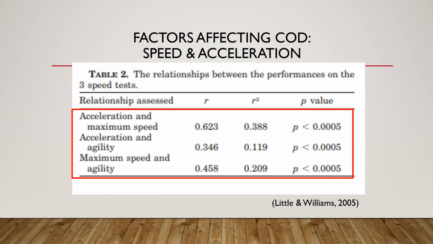Whilst there are other factors related to an individual's ability to change direction, acceleration and maximal speed can still play a role. So the quicker you accelerate, the quicker your maximal speed does still enable you then to have an increased change of direction. So this will be something we'll explore a little bit more when we look at some of the training considerations for developing both change of direction and for developing agility.